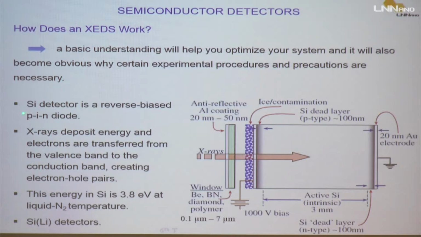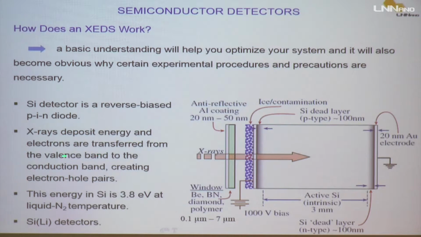The idea is that the silicon detector is a reverse-biased PIN diode. You have here a difference in potential of about 1,000 volts, and the X-ray will deposit all its energy when coming inside the intrinsic active silicon part of the detector.